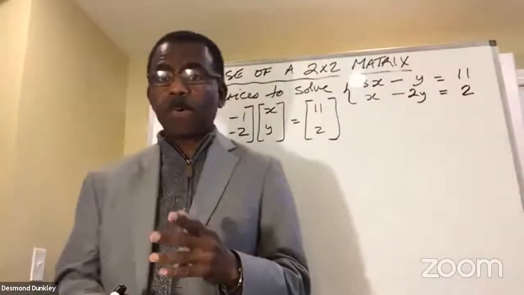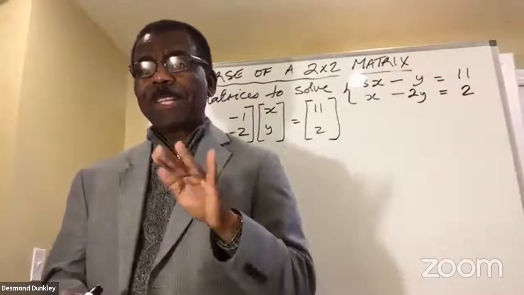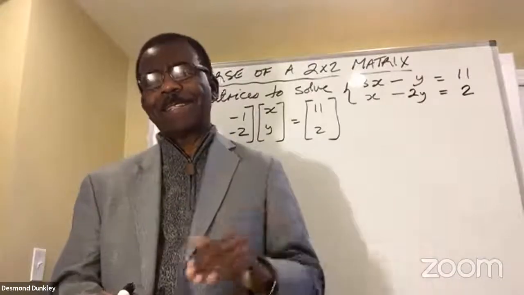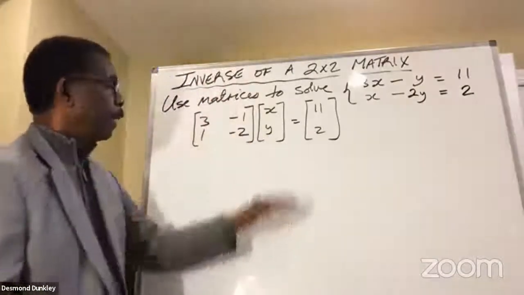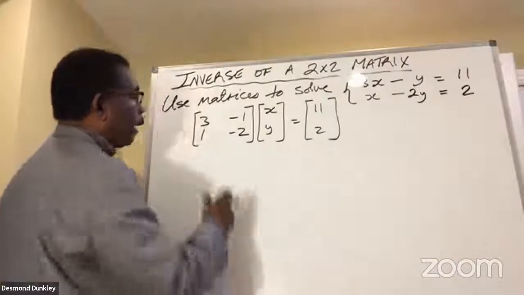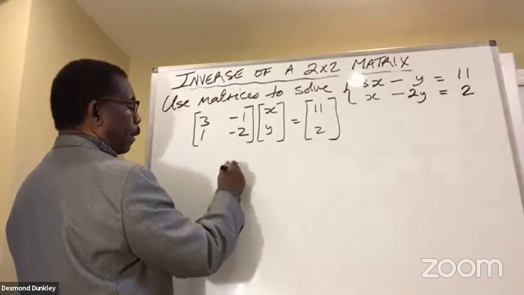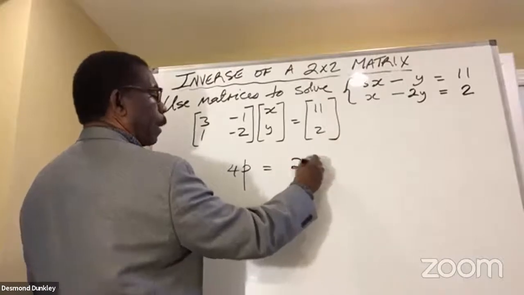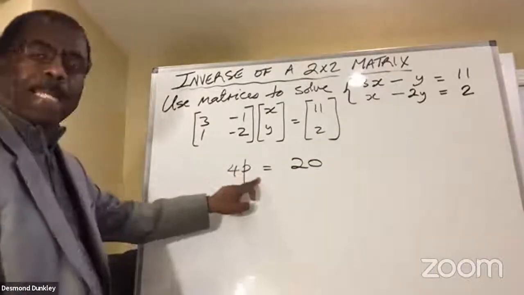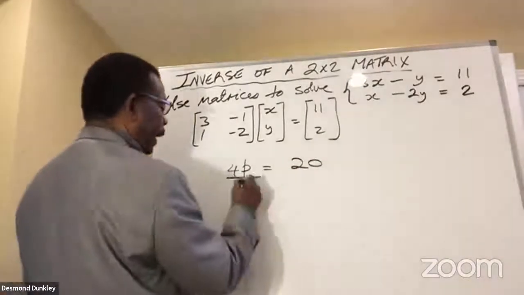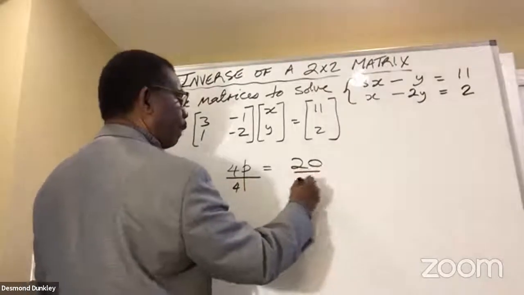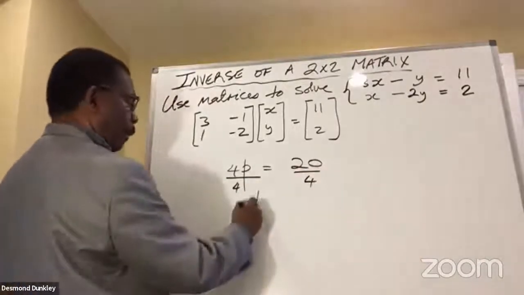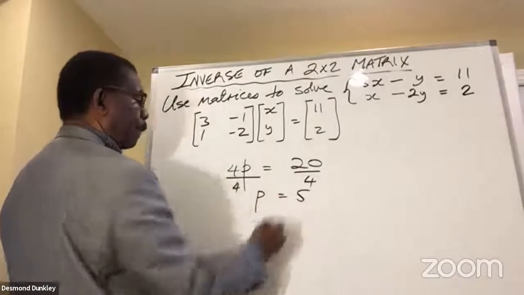But we said also that matrix division does not exist. Normally, if you have an equation, for example 4p equal to 20, you can get p by itself by dividing by 4, and you end up with p equal to 5.